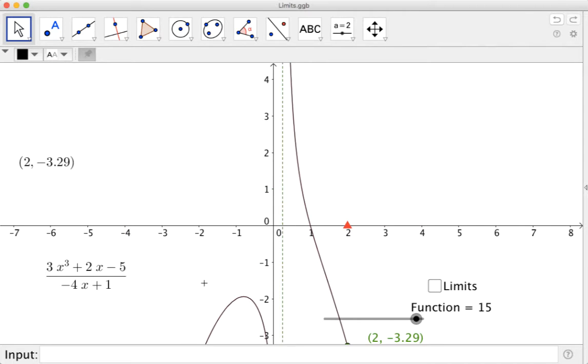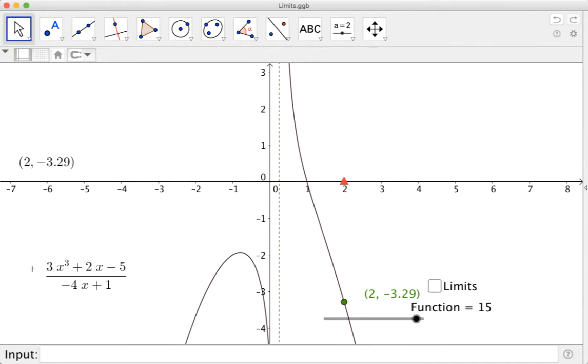Now we have this function, (3x³ + 2x - 5) over (-4x + 1). We can see here that we have a vertical asymptote, and that occurs where x is equal to positive 0.25, which is the value of x that will make the denominator equal to 0.